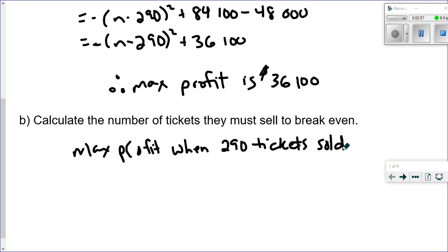So when 290 tickets are sold, you get a max profit of $36,100. We've already done the math above. Don't need to do it again.